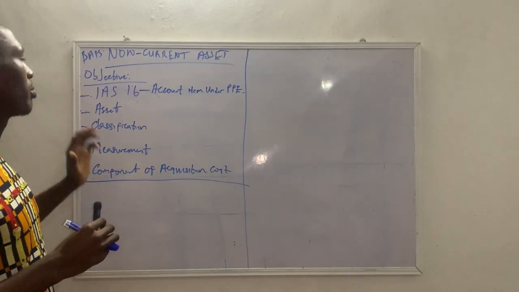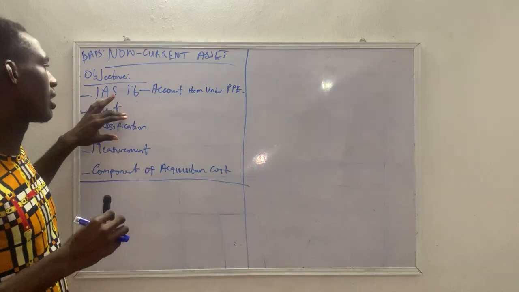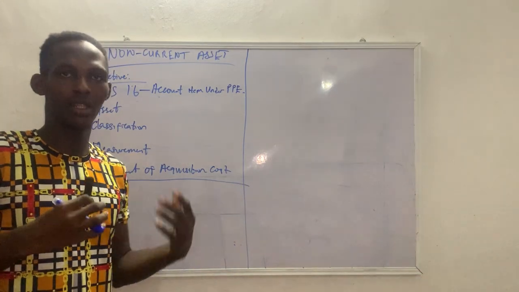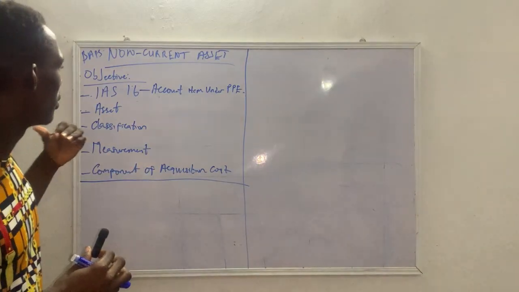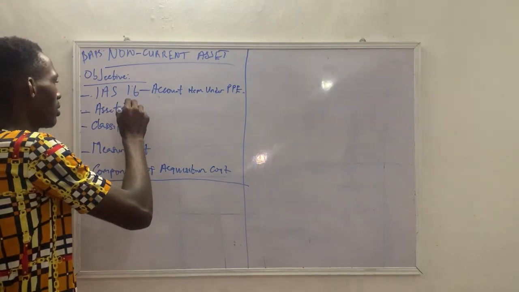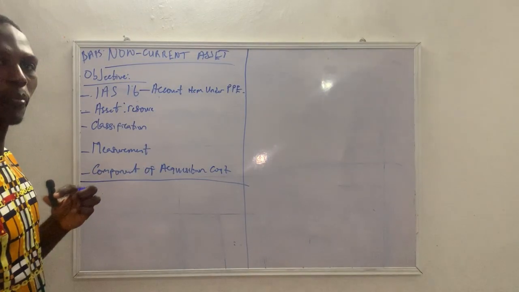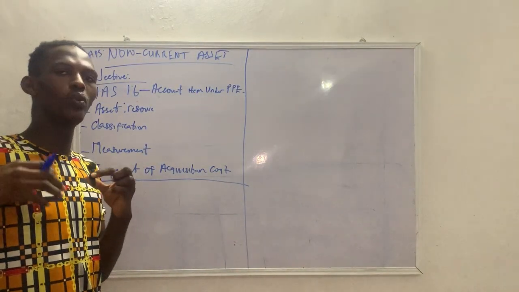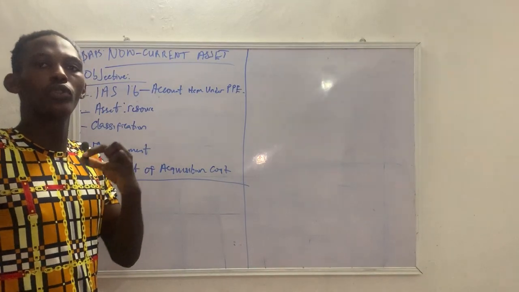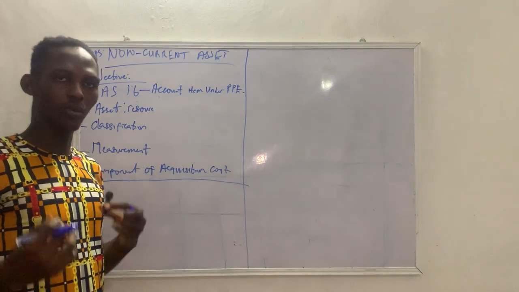So now what is an asset? Before I move into the classification and division of an asset, we know that an asset is meant to bring in resource into an organization. Do you understand? Therefore, we can see an asset is a resource. An asset is a resource as a result of past events in which an expected future cash flow or benefit is meant to come into the business.